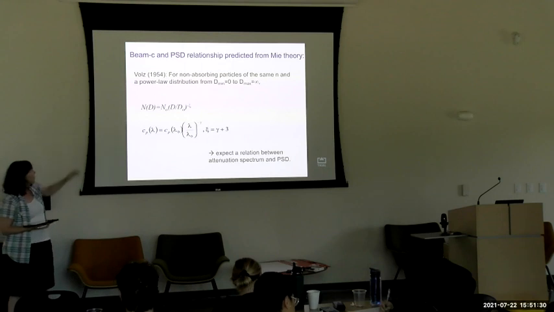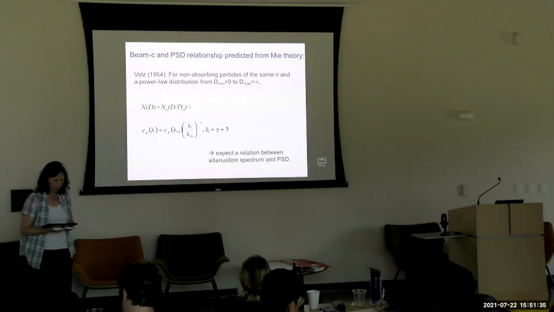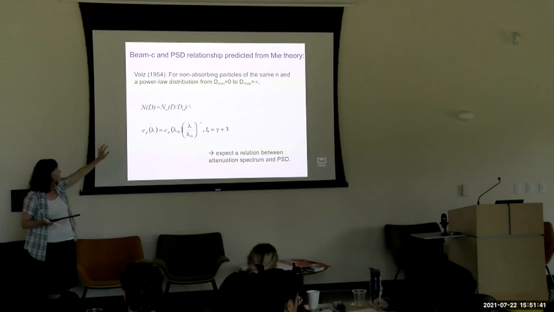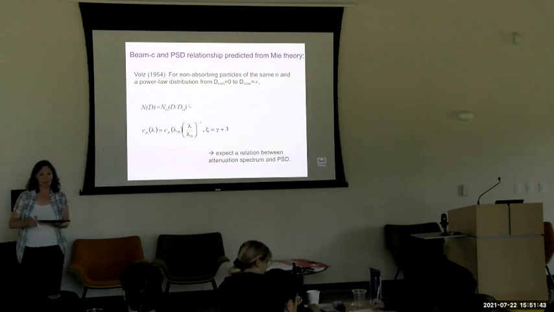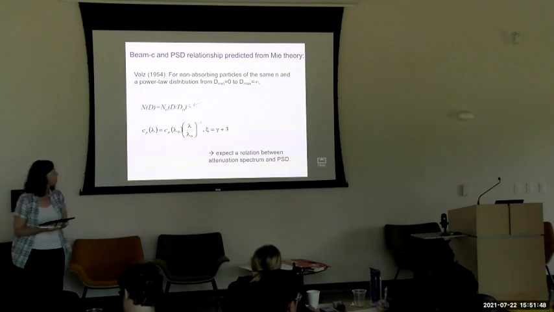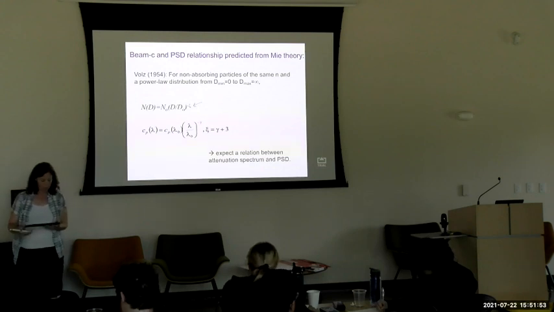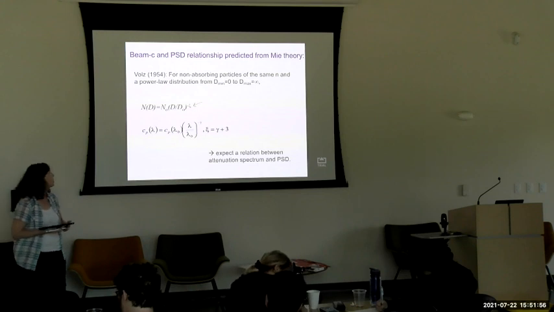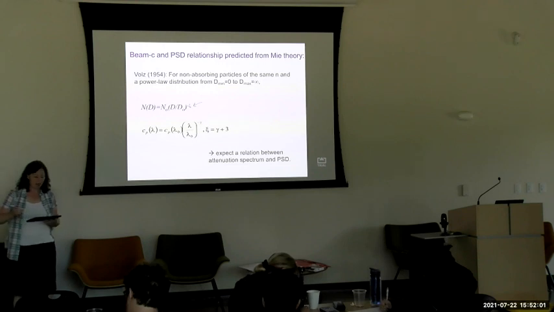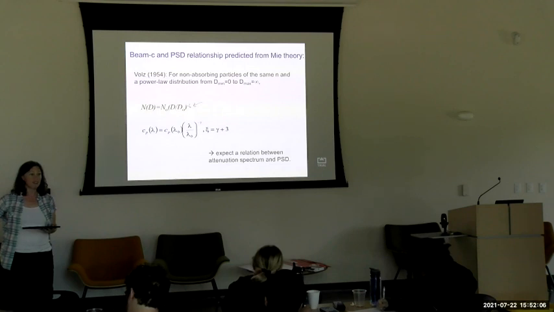So the top equation there is just, again, this power law particle size distribution we were just talking about. The number of particles as a function of size is governed by this power law function, and our size exponent eta. So Mie theory tells us that we should see a relationship between the power law size exponent and, when we fit the same power law function to our beam attenuation spectrum, the slope of that.